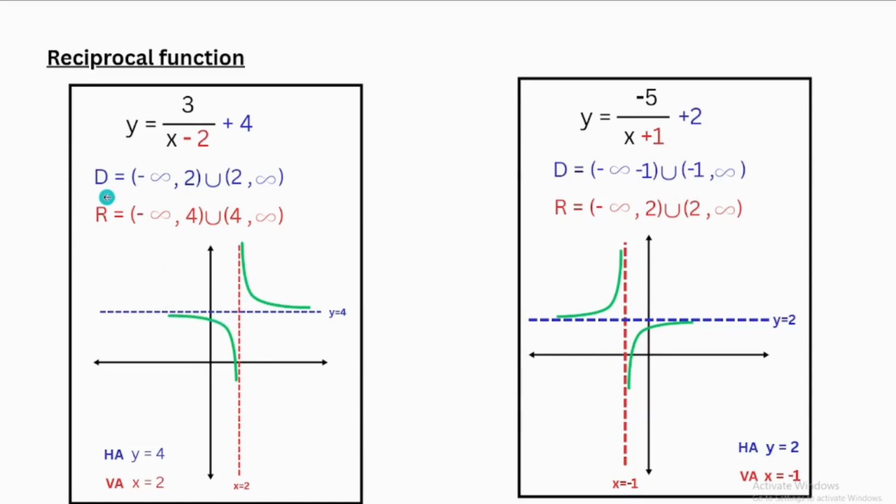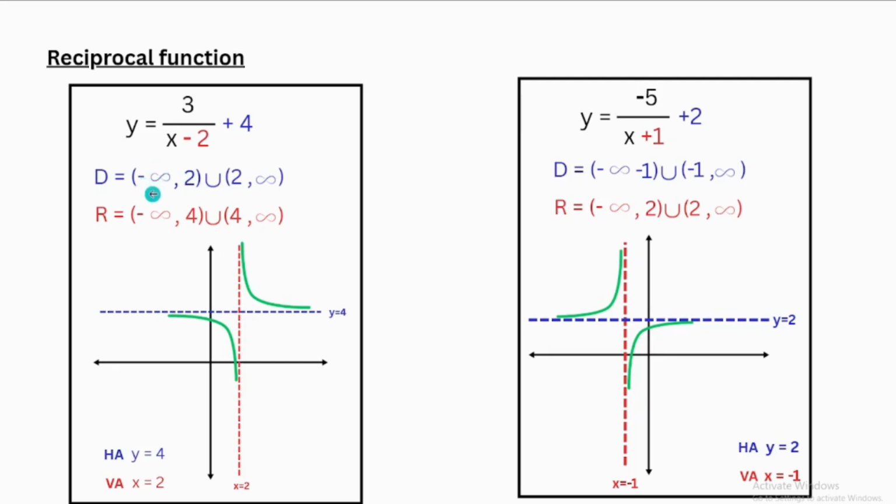So the domain, we are talking about the x-axis. All the x-axis is acceptable to be a domain except for the number 2.